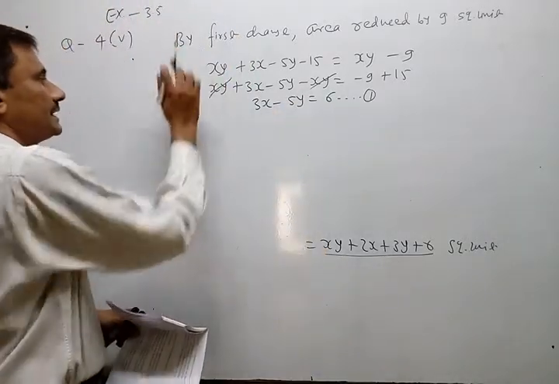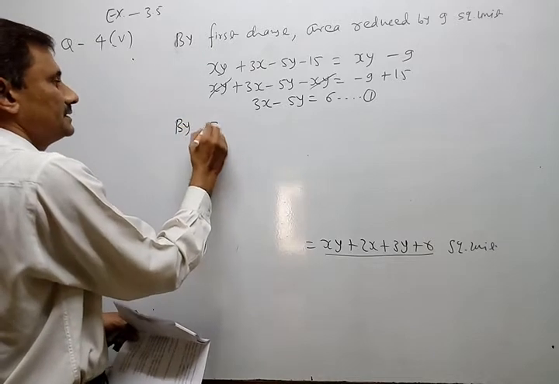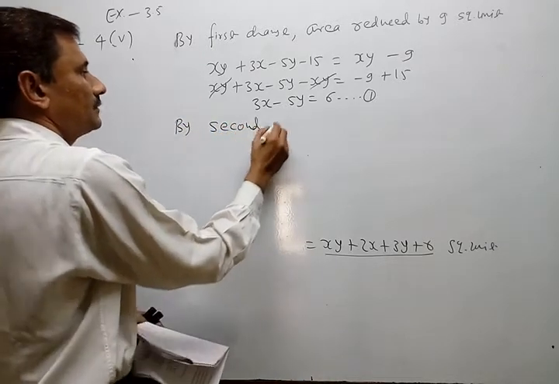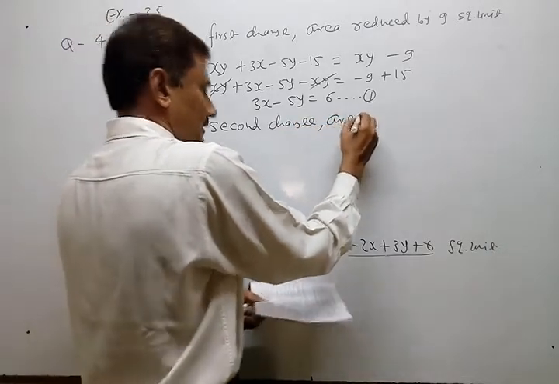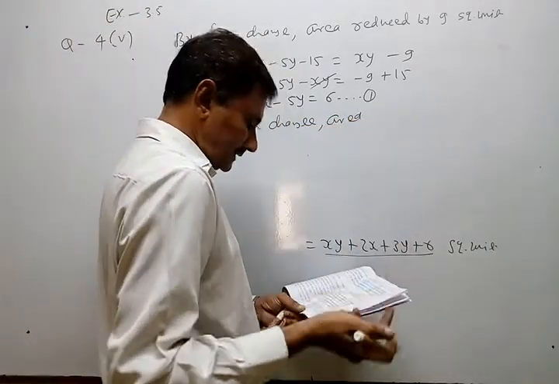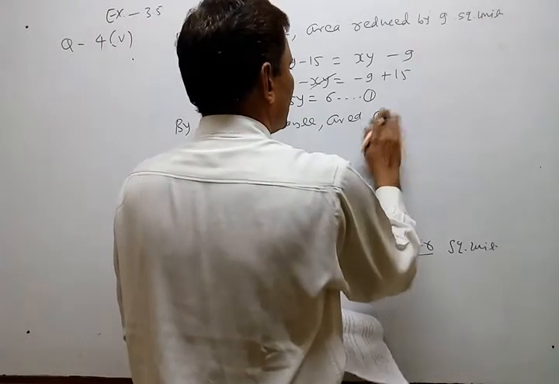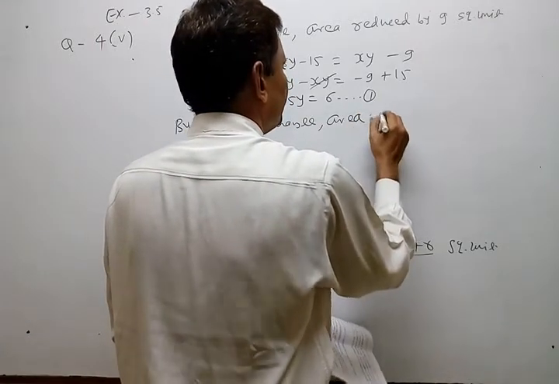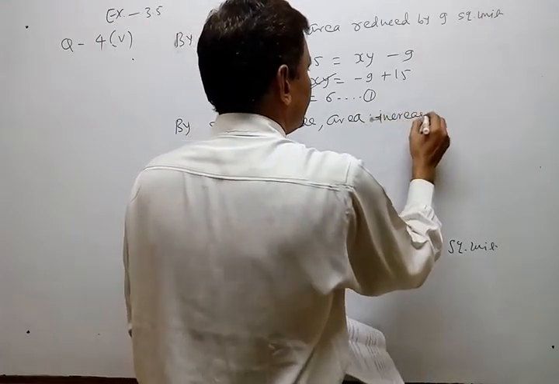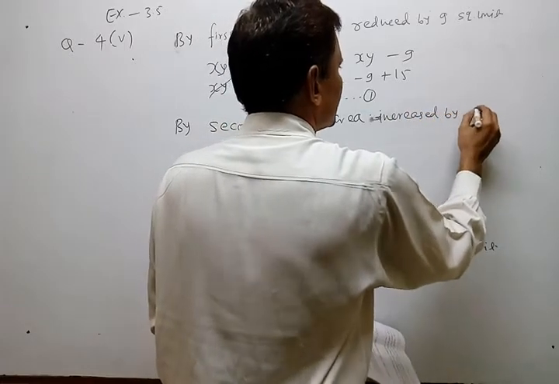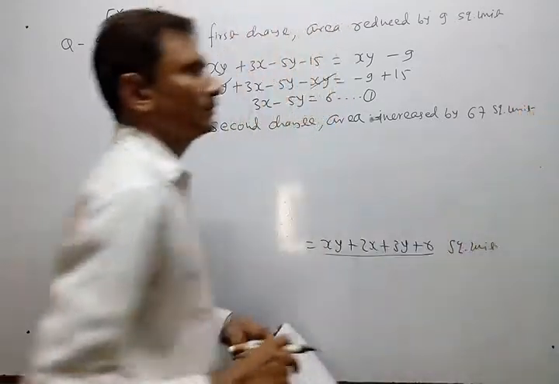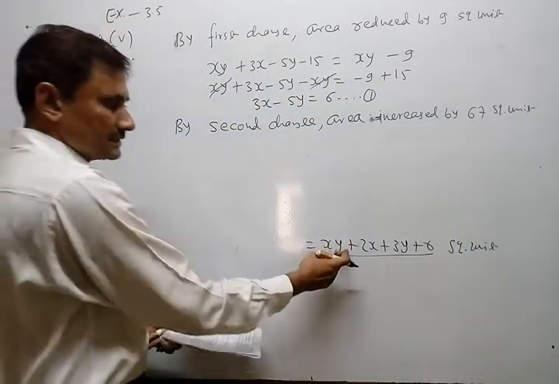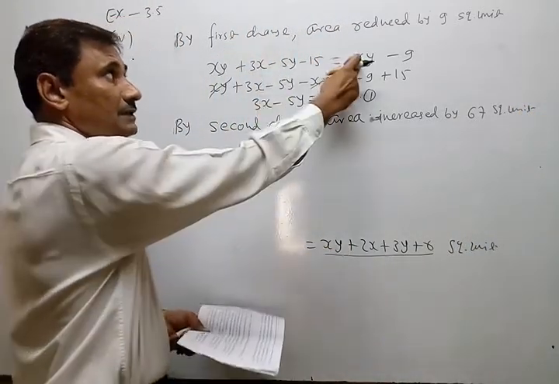So just write it like this: by the second change, which we already discussed earlier, area increased by 67 square unit. Obviously this one is 67 more than the original one, xy.